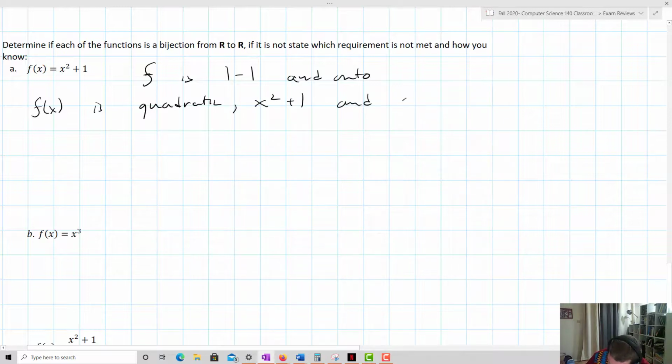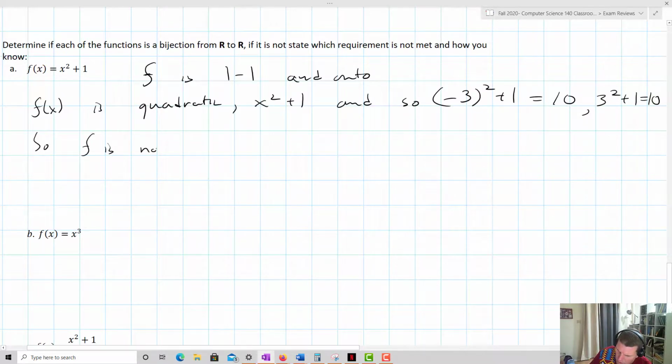Negative 3 squared plus 1 equals 10, and 3 squared plus 1 also equals 10. So f is not 1 to 1.